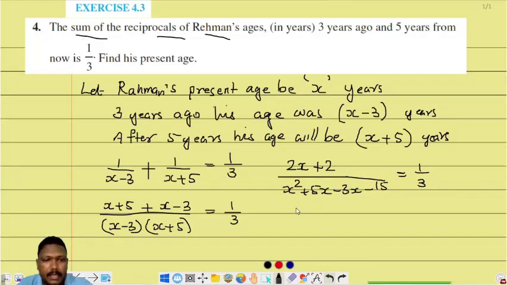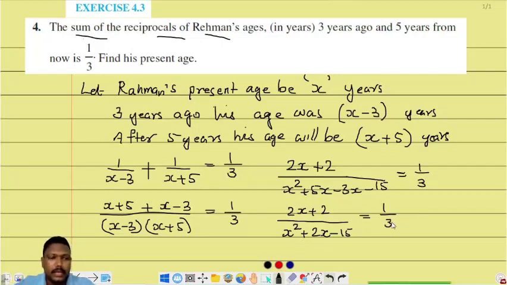That is 2x plus 2 divided by x square plus 5x minus 3x, that is 2x, minus 15, equal to 1 divided by 3.